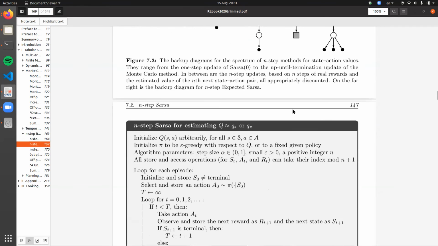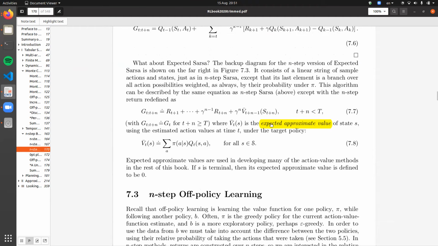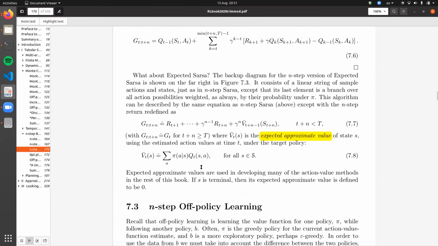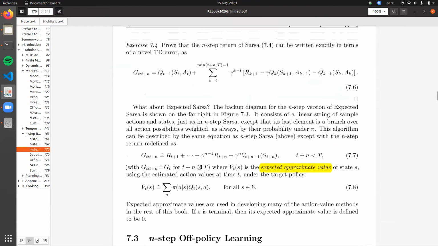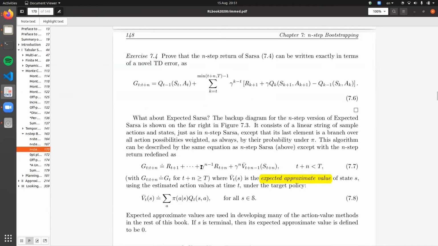And here we use this value called the expected approximate value of state S, which is just an expectation of the value for this state, right? Yep, and hence the large variance that we will have here, as opposed to the Sarsa.